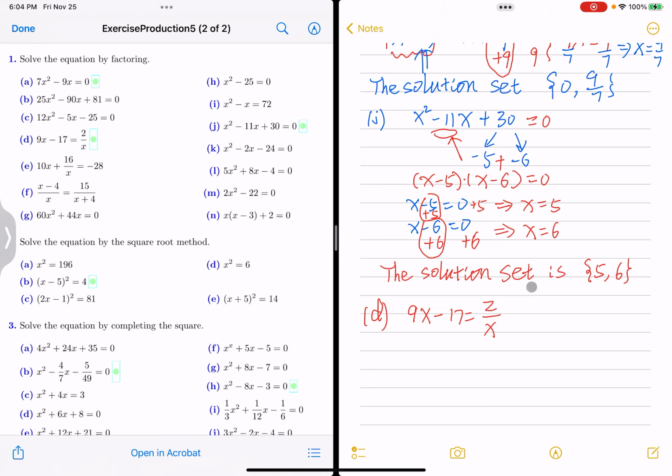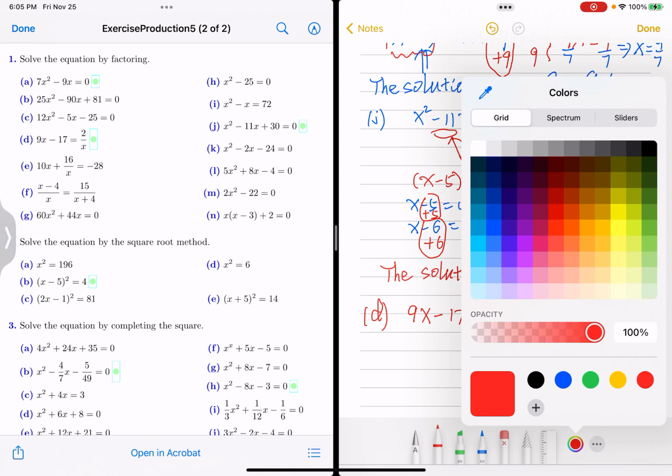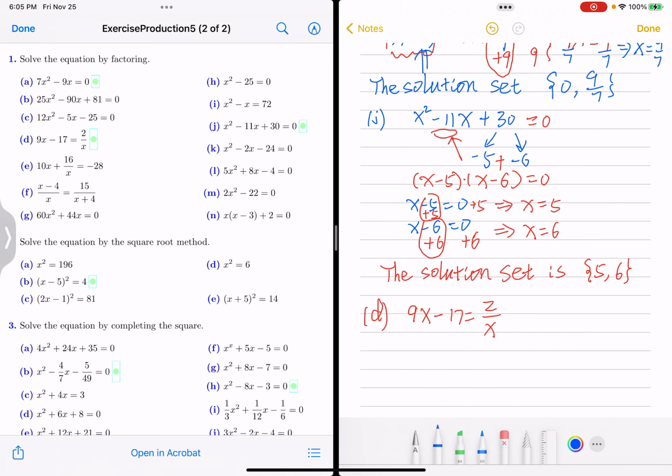So what can we do? The first step, since we do not like the denominator, we eliminate x by multiplying everywhere by x. So then 9x comes to be 9x squared.